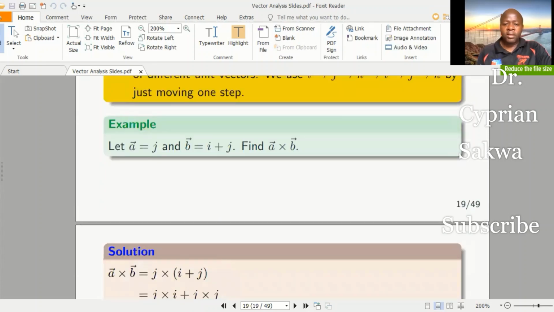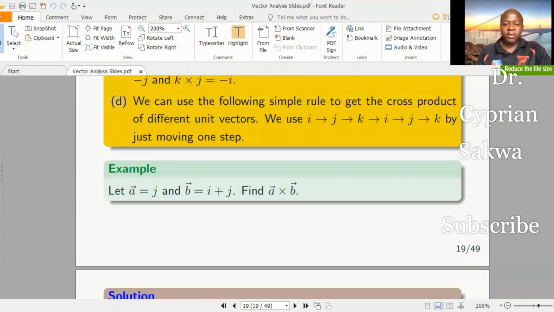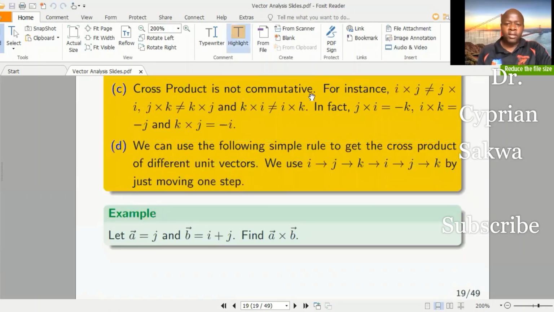Now, there's a simple way of identifying the solutions. If you're asked to find I cross J, the simple way is to come up with this type of scheme where you have I with an arrow pointing to J, with an arrow pointing to K. Then again you repeat I pointing to J, pointing to K. So if I'm asked I times J, I can see the direction from I to J, this direction.